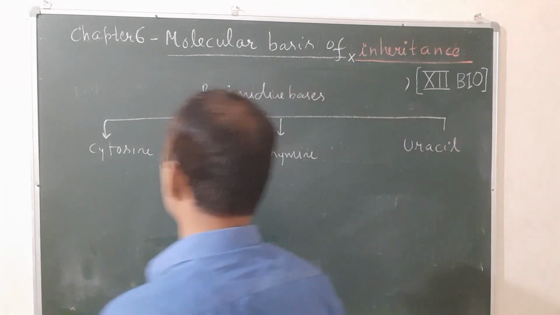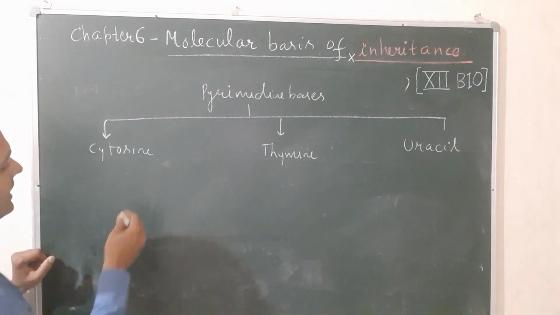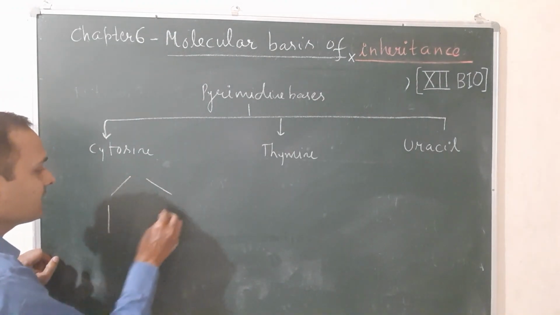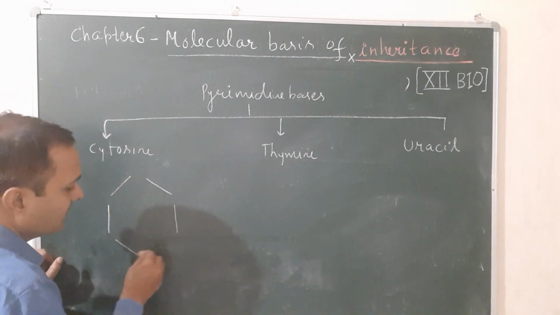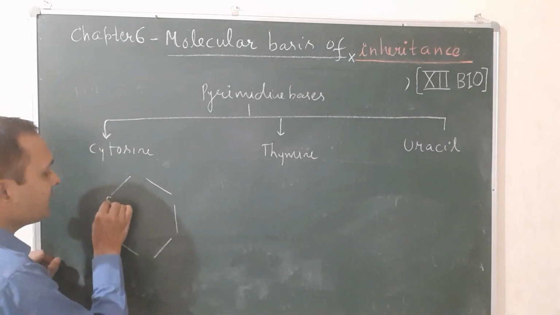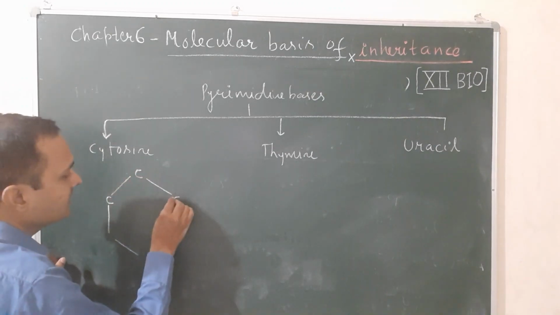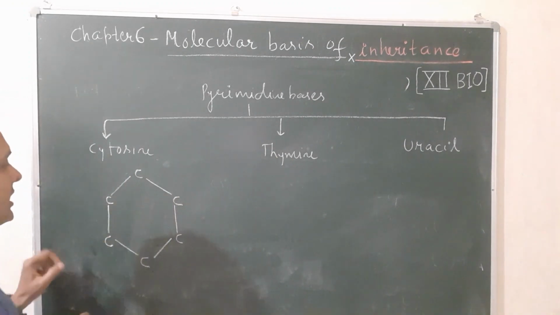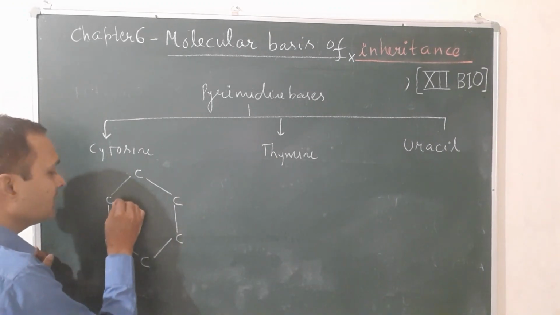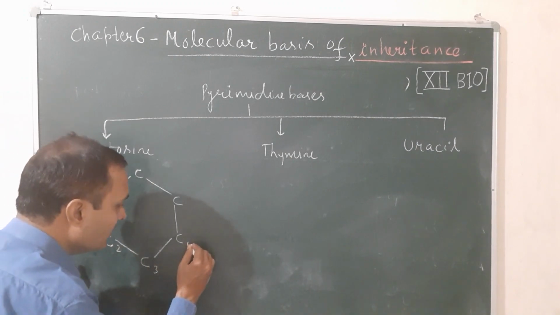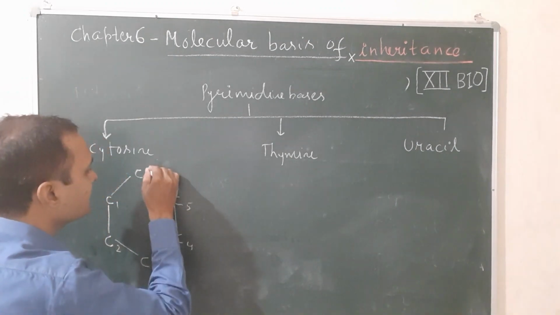First of all, in the structure you have to draw a benzene ring for cytosine. You know benzene ring has 6 carbons. Suppose I first write the 6 carbons found in benzene, and I will start numbering from this side: 1, 2, 3, 4, 5 and 6.